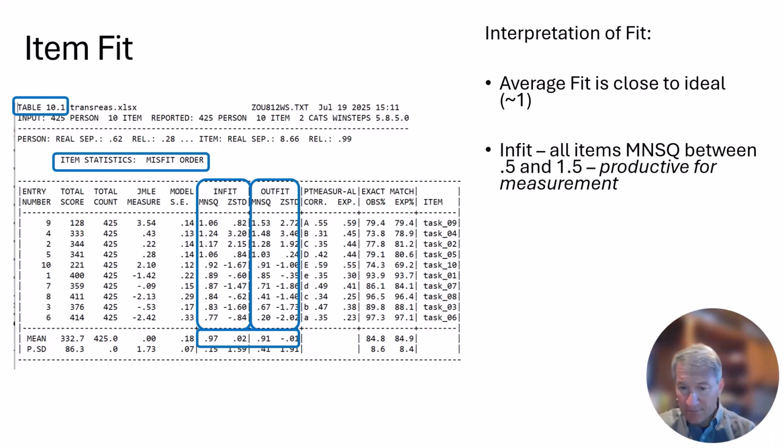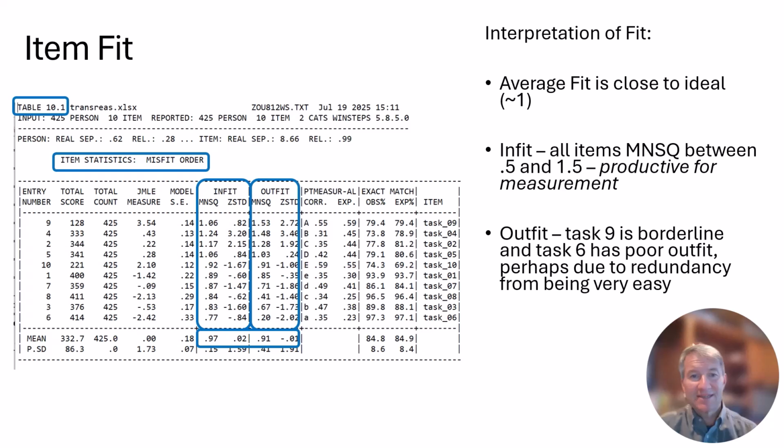Now, if we look at the output a little bit, we see that task 9 has an outfit of 1.53, which is kind of borderline on productive for measurement, but probably not enough to get too worried about task 9, especially given that its infit is within range. And then again, task 6 has poor outfit, very low outfit, and that's likely due to its being very easy. So it has a lot of redundant responses.